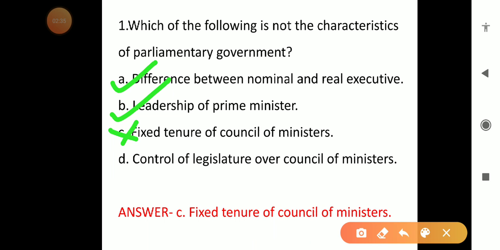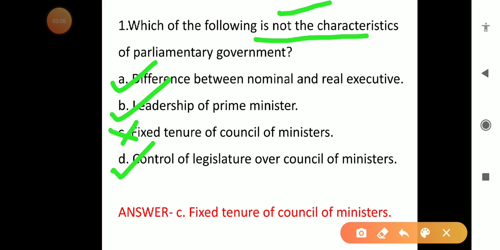And if we talk about the control of legislature over council of ministers, it also is right. Council of ministers is controlled by the legislatures, and there is a relationship between council of ministers and the legislatures, because council of ministers is chosen from the legislatures. So our answer is C. The question says which of the following is not the characteristics.